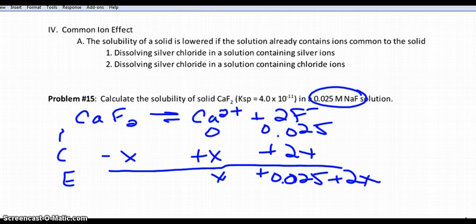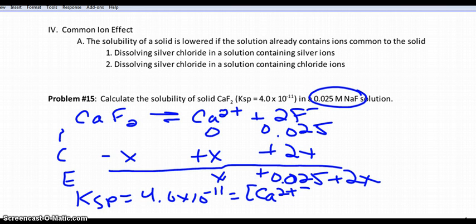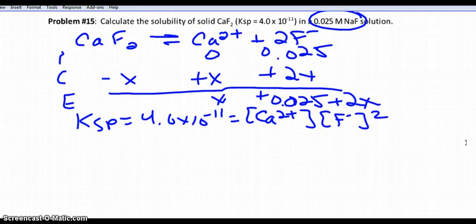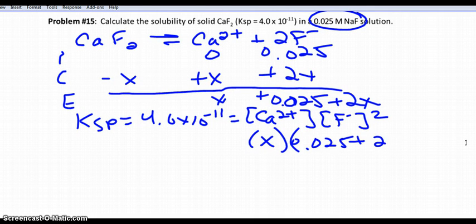And now set up your KSP. Scroll this down a little bit so I have a little more room here. All right, so now what? Well, we have calcium ion we said was X, and we said the fluoride ion was 0.025 plus 2X. Don't forget, you need to square it.